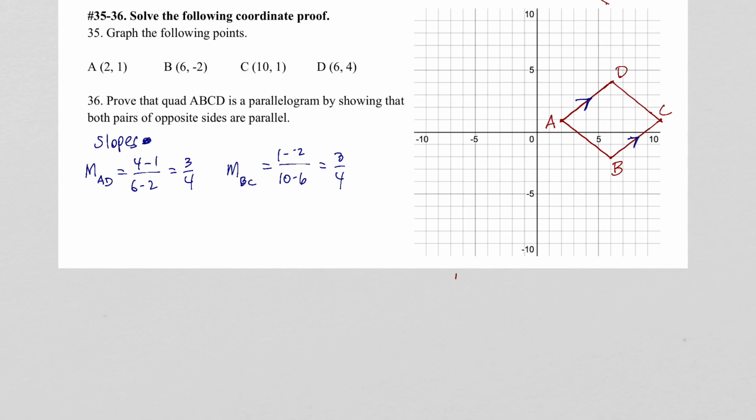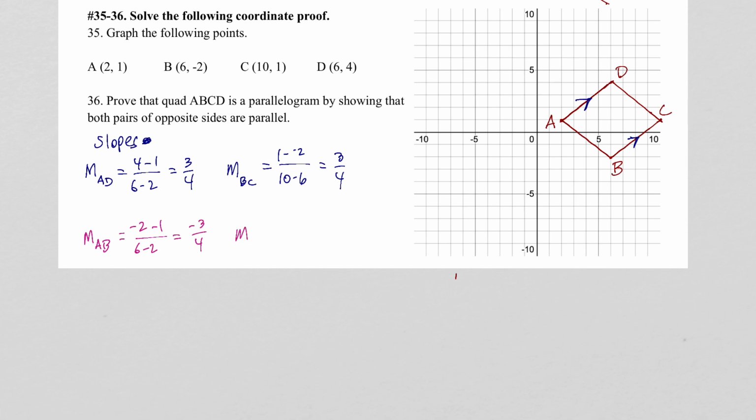Okay, now I need to see that these other sides are parallel. So let's do AB first. The slope of AB is negative 2 minus 1 over 6 minus 2, which is negative 3 over 4.